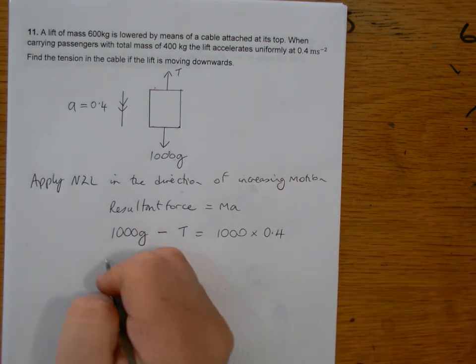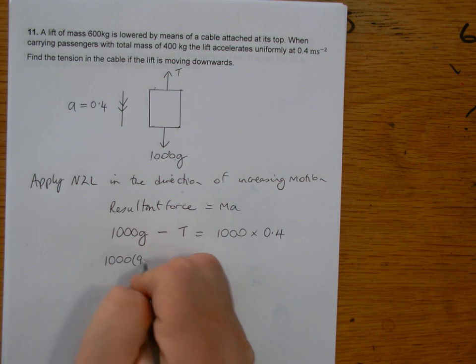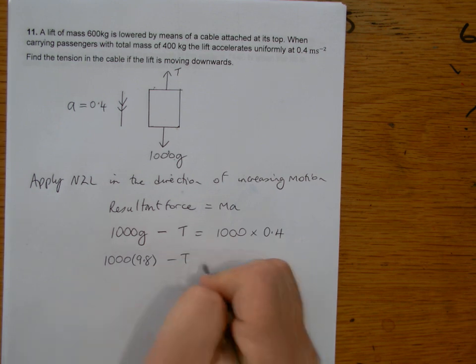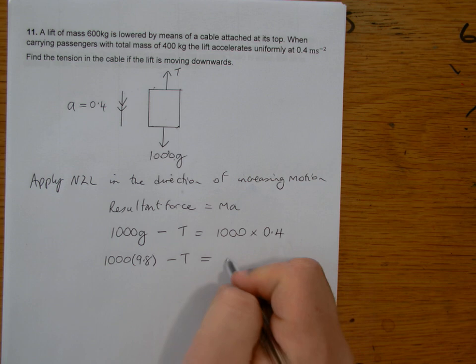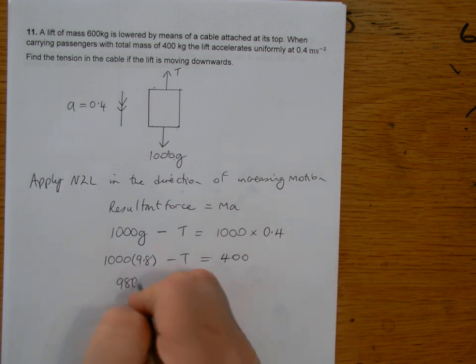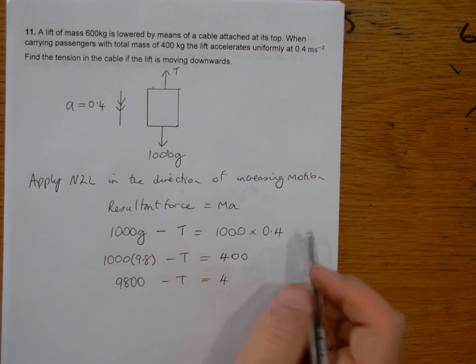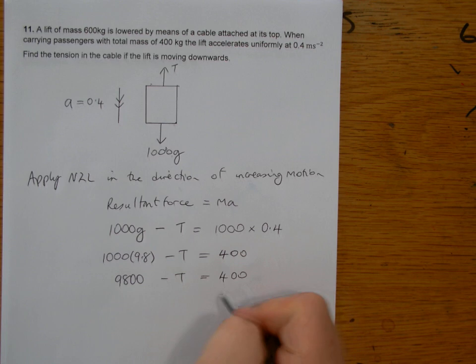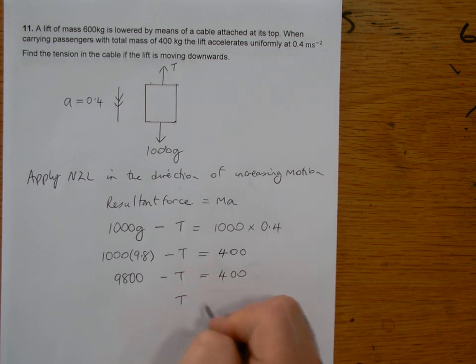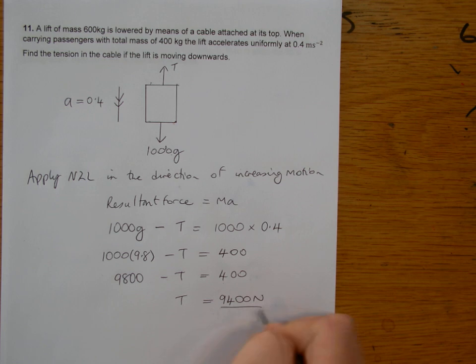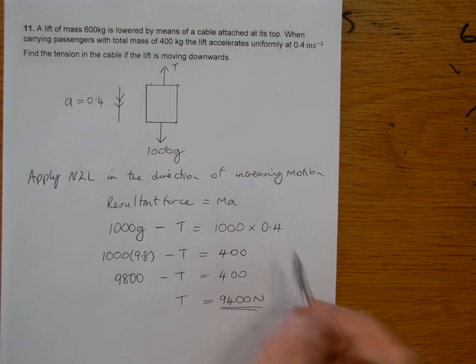So 1,000 times 9.8 for g, take away T, equals 1,000 times 0.4, which is 400. This becomes 9,800 minus T equals 400, and if you rearrange that, we end up getting T to be 9,400 newtons. So you can see that it's actually less than the weight.